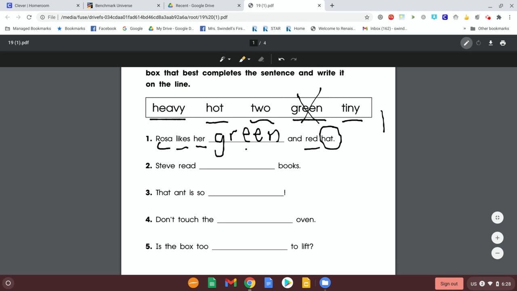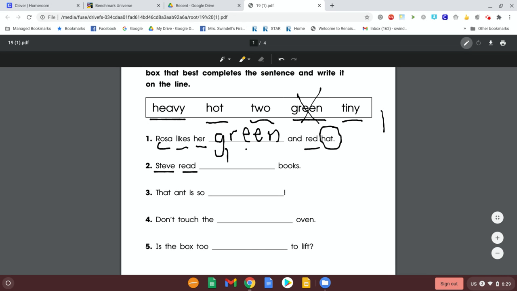Okay, let's try number 2. Steve, that's a name, read blank books. Steve read heavy books? Probably not. Steve read hot books? That doesn't quite make sense. Steve read 2 books. I bet they're describing how many books he read.